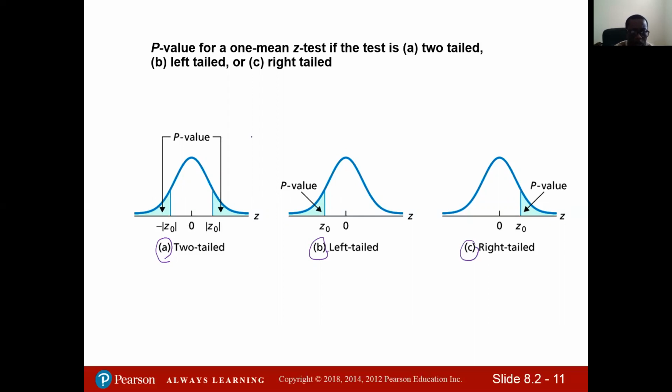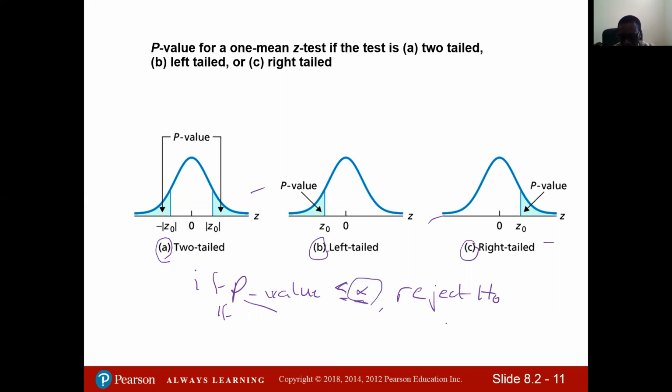Now, when you use the p-value method, irrespective of which test, your decision is always that if the p-value is less than or equal to alpha, which is the significance level, then we reject H0.